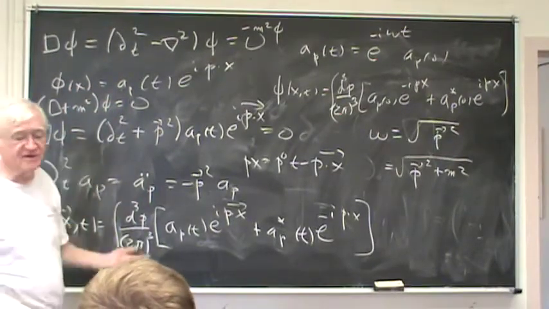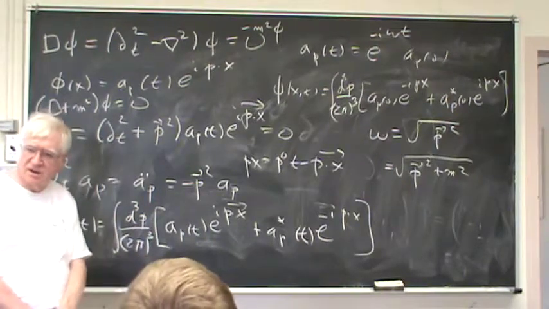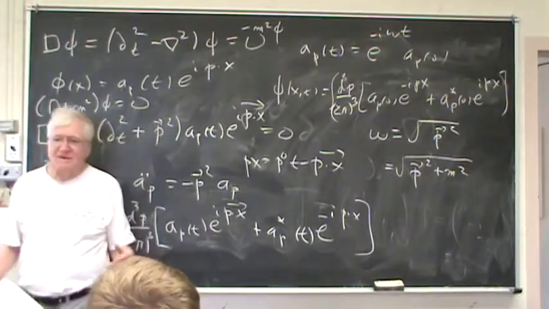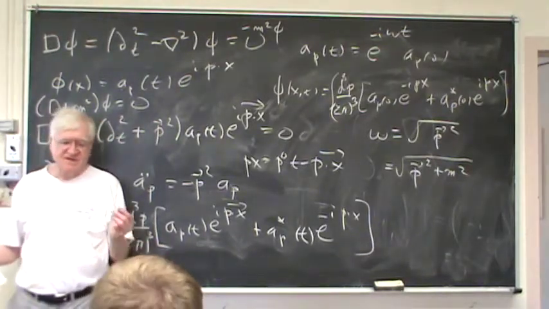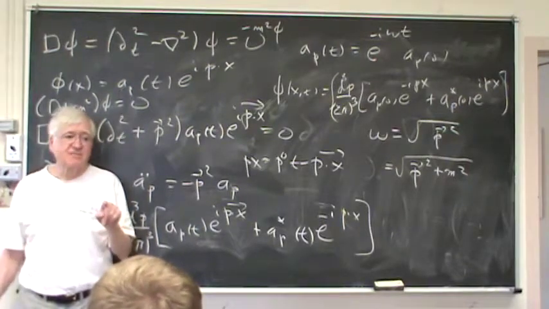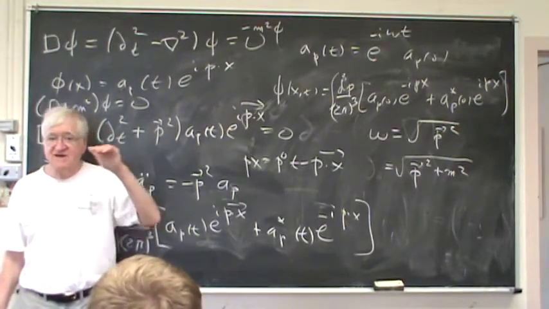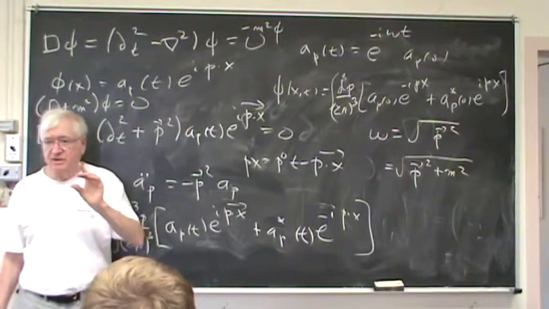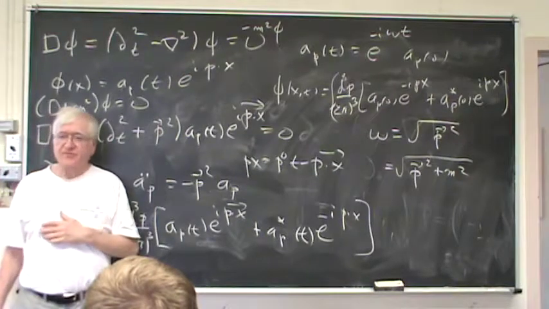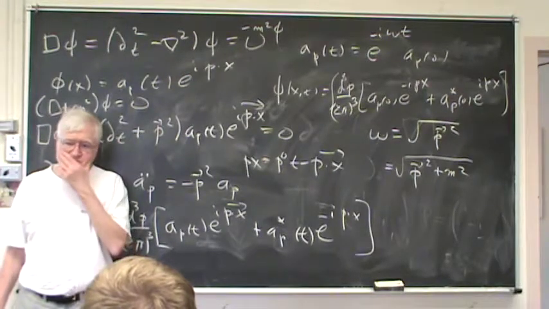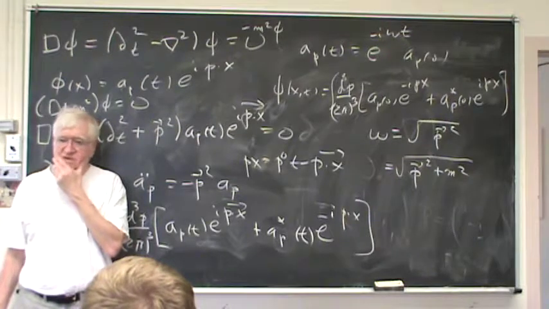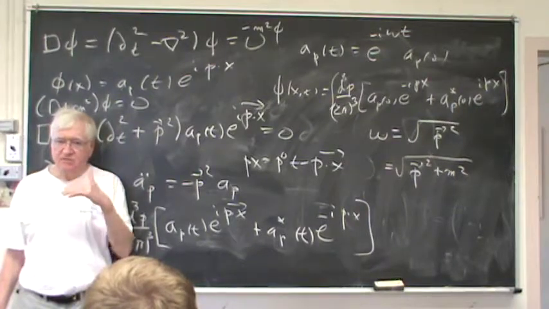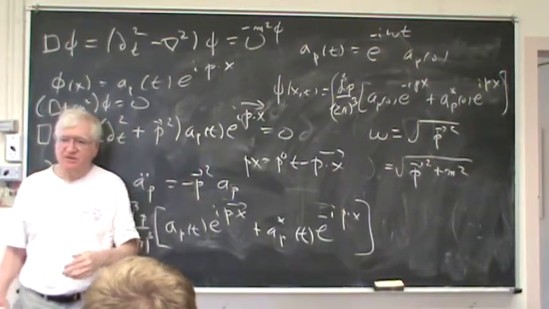So it just depends upon how you interpret A. The basic idea of this quantum field theory is to say that for each mode of the system, we have a harmonic oscillator, and the nth level of that harmonic oscillator means n particles in that mode. And so in that case, the A and A dagger create and destroy particles.